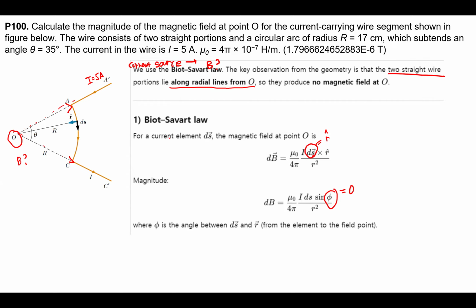So these two elements will not contribute any magnetic field at position O. This is because of this vector product, A cross A is always 0. And the only portion contributing to the magnetic field is this circular path. So that's the thing we need to figure out.